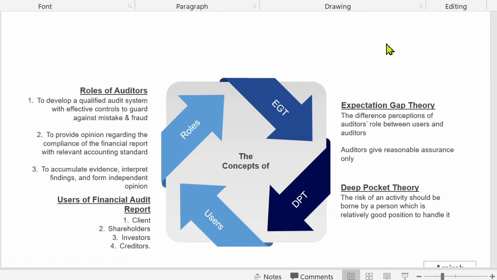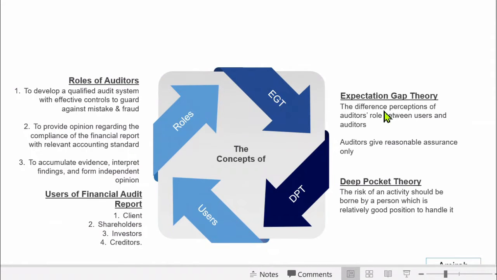Why is it important to produce a financial audit report? First is for the client, to know the performance of the company. Second, the financial audit report is prepared for the shareholders, for the shareholders to know the performance of the company.